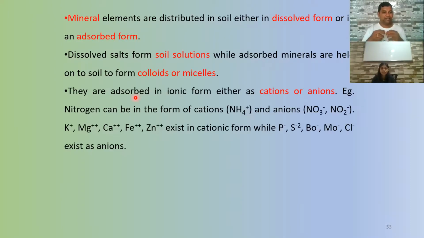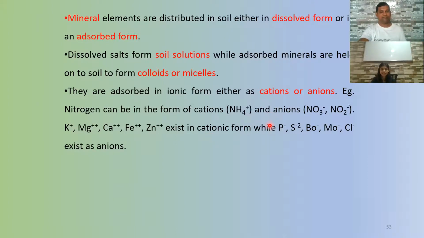Now, in the sap, they are absorbed either in ionic form as cations or anions. जो cations होते हैं, which are positive ions, you know, in chemistry, जैसे ammonium ions, or you can say potassium, magnesium, calcium, Fe plus, Zn plus. ये सब elements cations के रूप में act करते हैं.